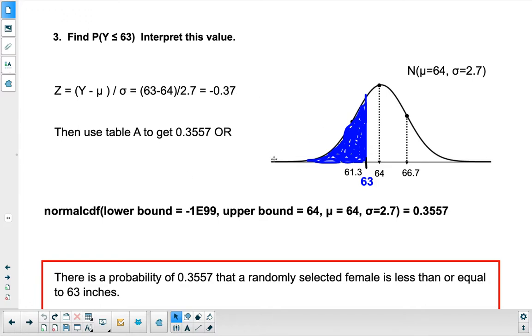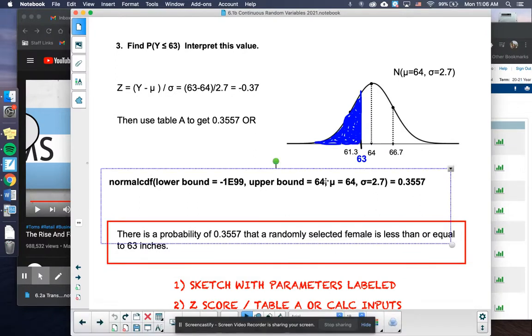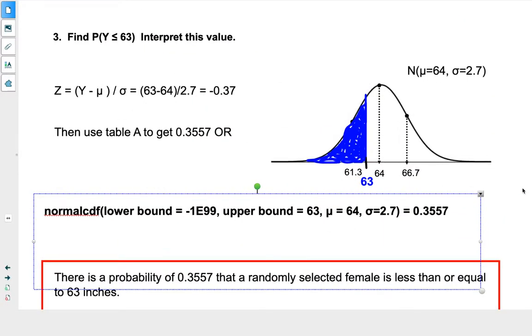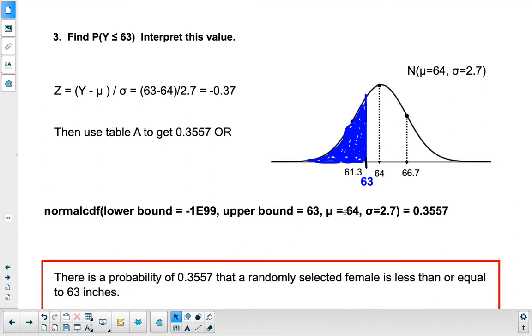You can go from lower bound -infinity to, this should say 63. We will just change that. 63 with a mean sub y of 64, standard deviation, and we get an area.